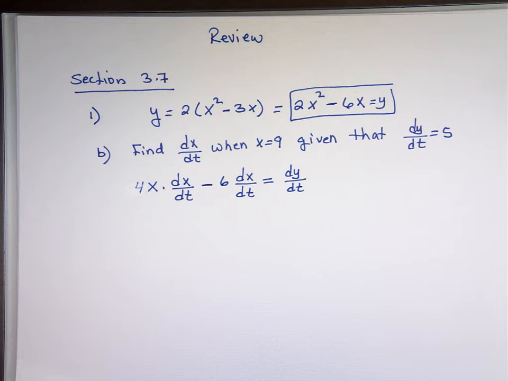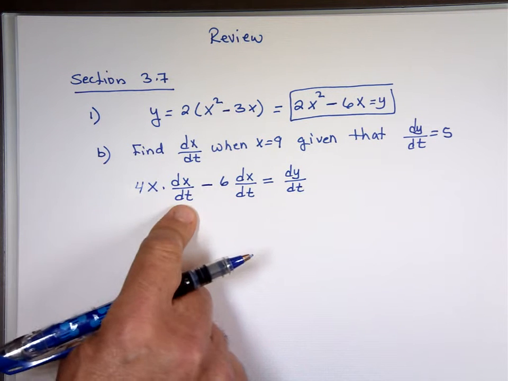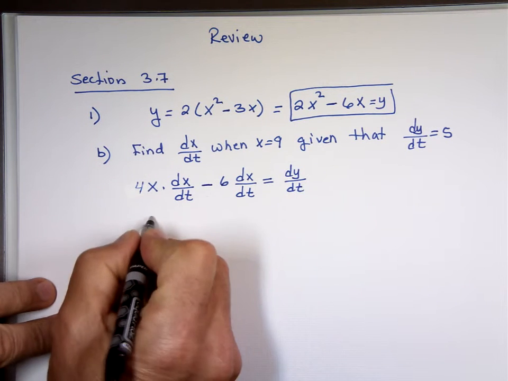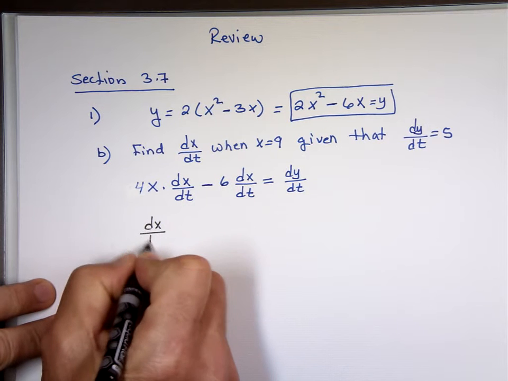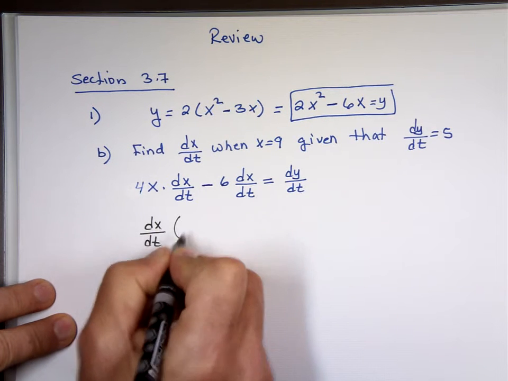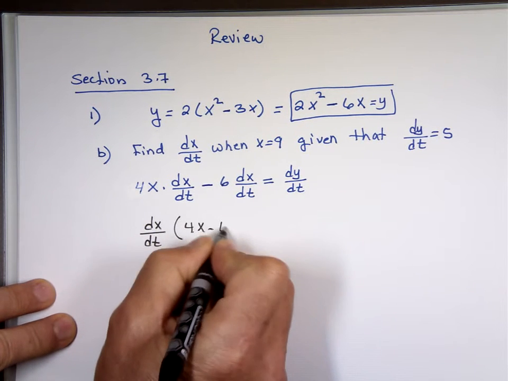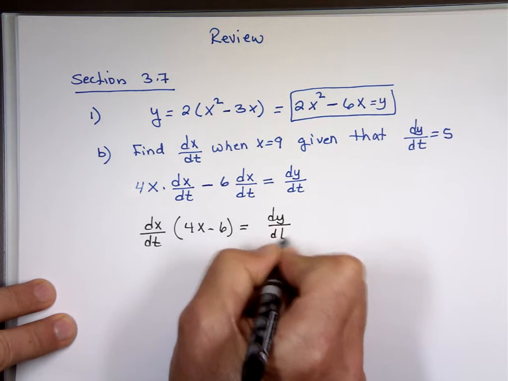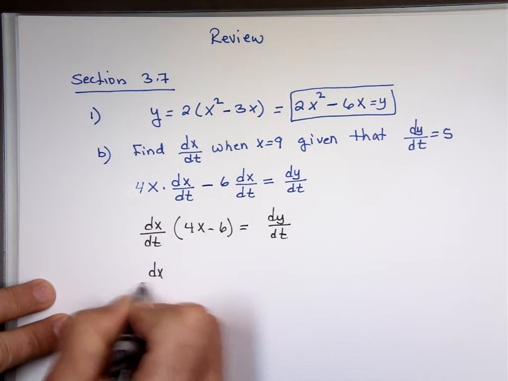And it says find dx dt, that's this one, when x is 9 and dy dt is 5. Let's plug in the values. I can factor dx dt out. I'll have 4x minus 6 equals dy dt. So what's dx dt?